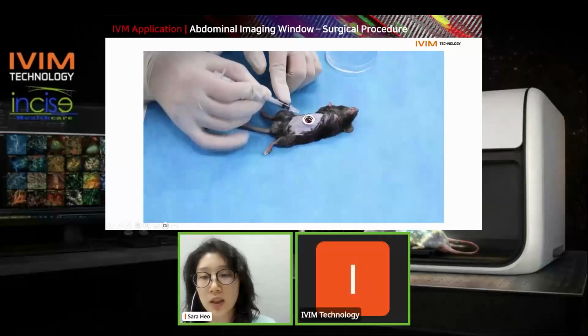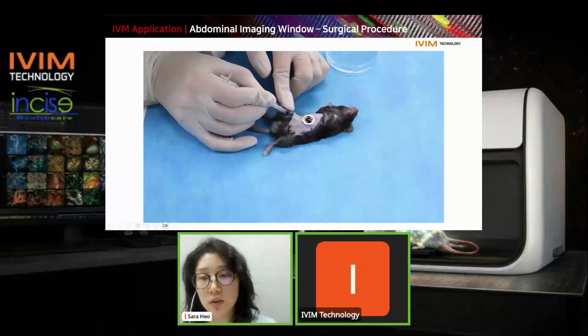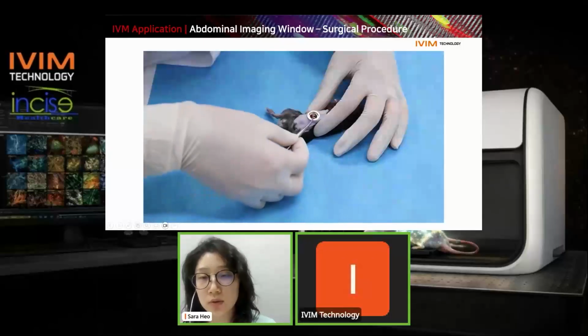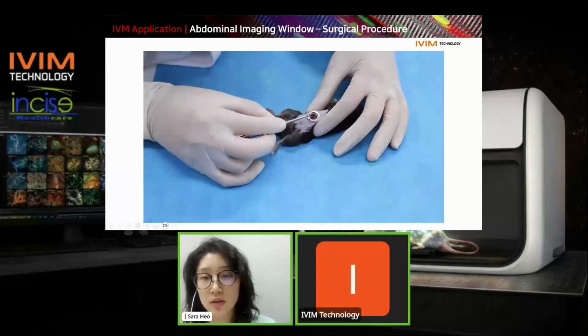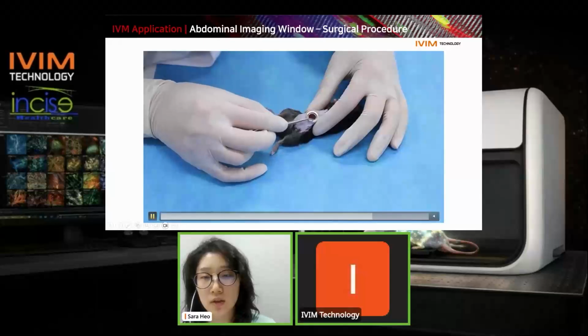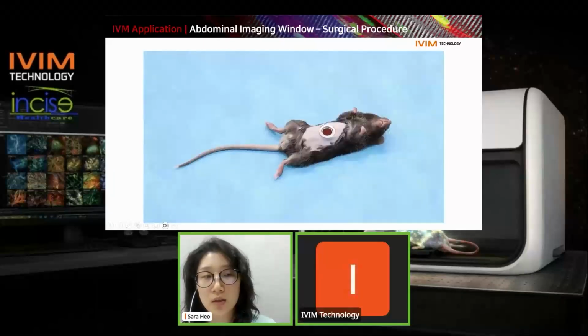Then the glass is attached on top to cover the exposed area. We use instant adhesive to hold the glass. This is how you put the glass together. And this is the final image of how it looks when the mouse is ready to be imaged using AIW.